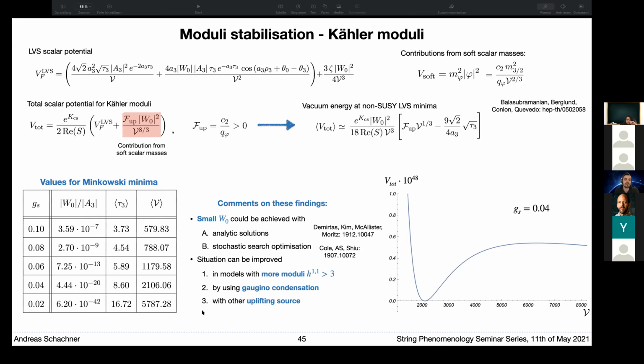Also, these values should be taken with a grain of salt because these are certainly very model dependent, and we expect that the situation can be improved by either using models with more moduli, using gaugino condensation instead of instantons, or using other uplifting sources, which however also means that we lose some of the explicitness, which makes T-branes so attractive.